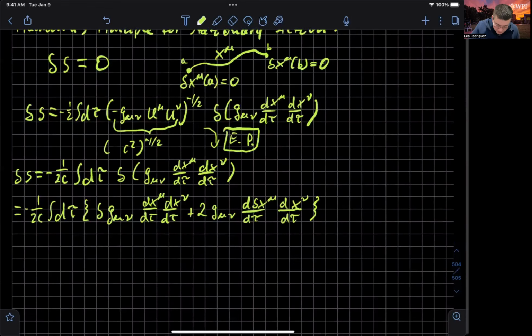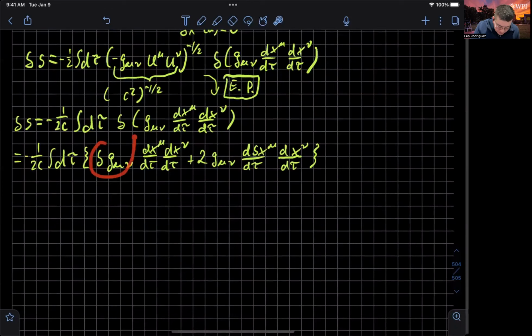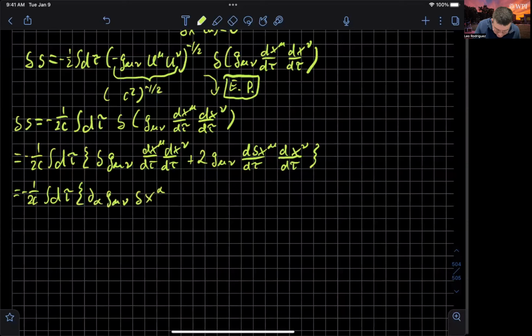Now we'll do two things. We'll do a chain rule, and then we'll do an integration by parts here to isolate the terms we need or want. So here I'll have alpha g mu nu, and then I'll have the variation of x alpha here times my dx mu d tau dx mu d tau.